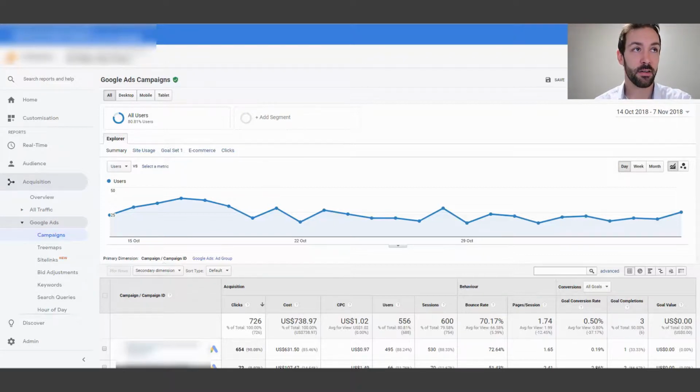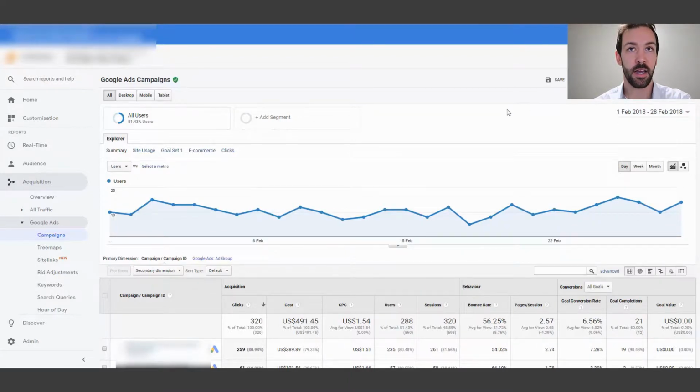But if we backtrack to a time period when I was looking after their campaign, we can see the dates changed to Feb 1 to Feb 28. We can see that traffic's far lower at 259. Spend is considerably lower. The cost per click is actually 50% higher, but the cost per click isn't the driver of success.